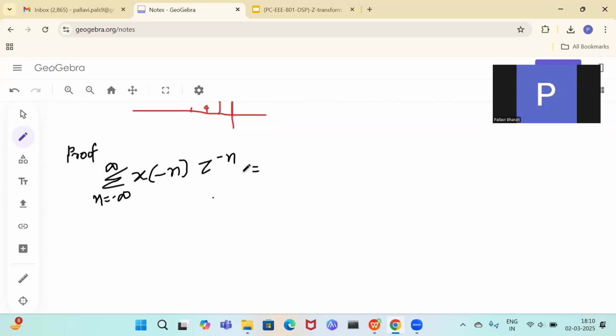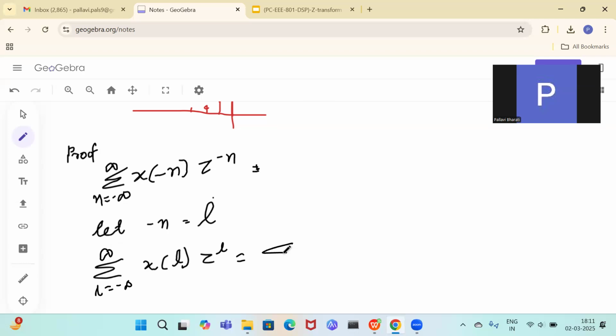Now let minus n be equal to L. Then you can write x of L, z to the power L, and the summation goes from L equals minus infinity to infinity.